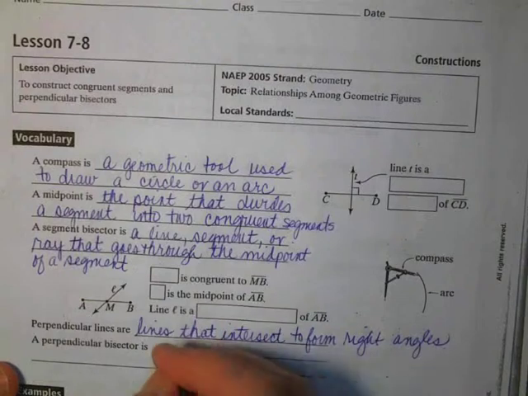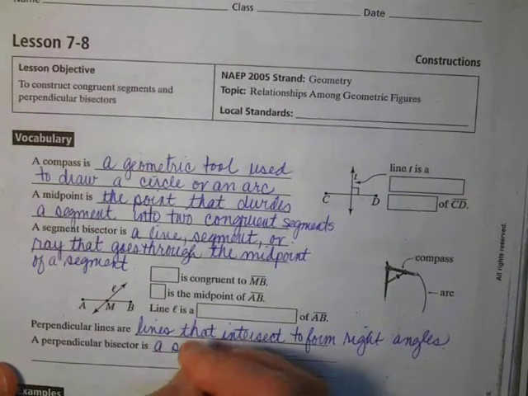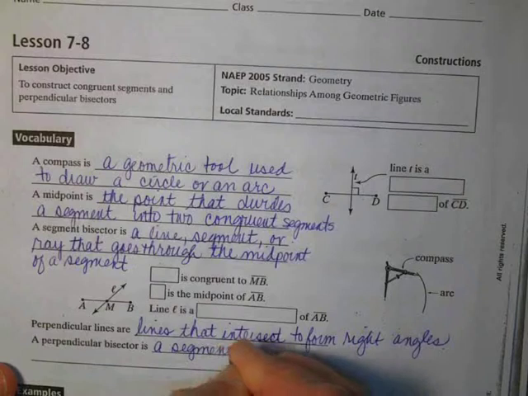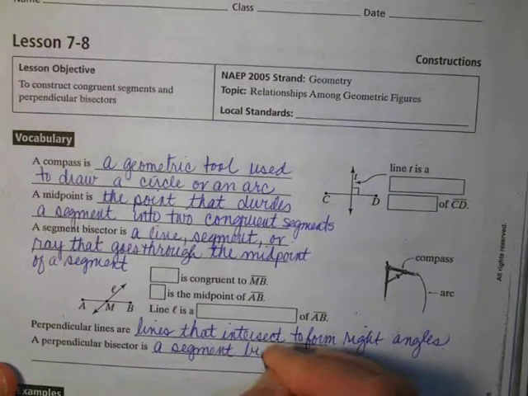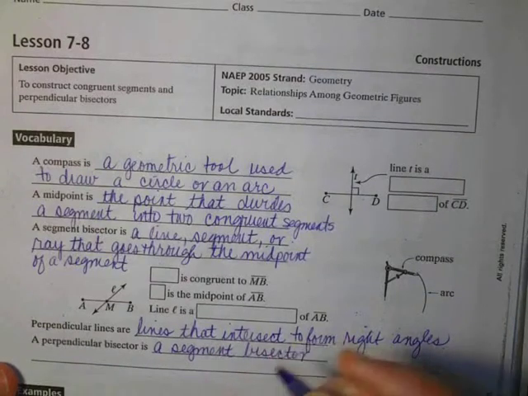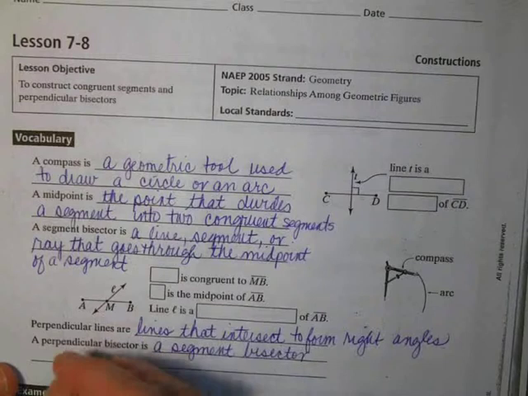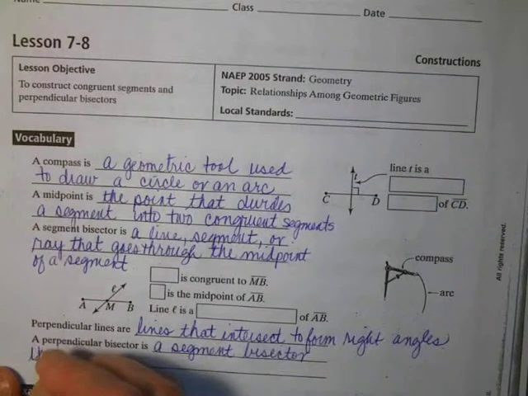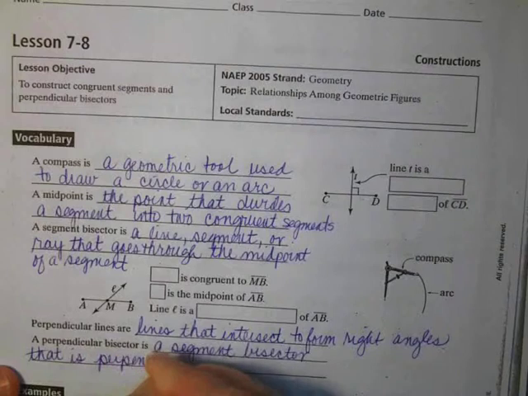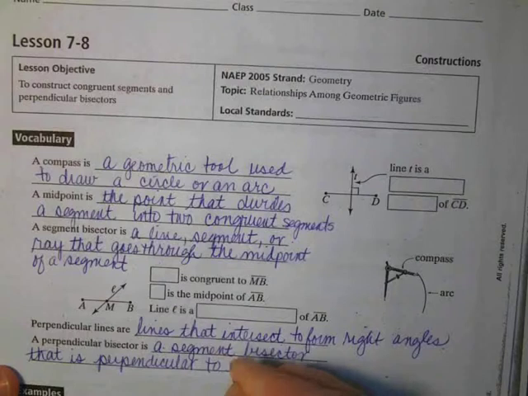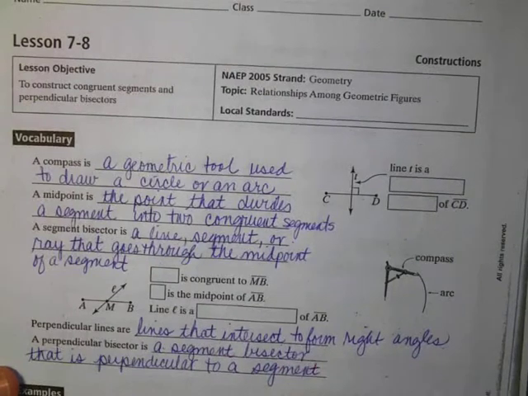A perpendicular bisector is a segment bisector that is perpendicular to a segment. So it's pretty much what it says it is.